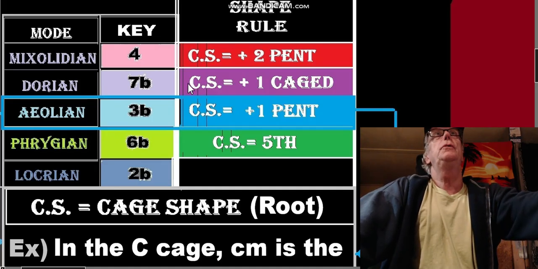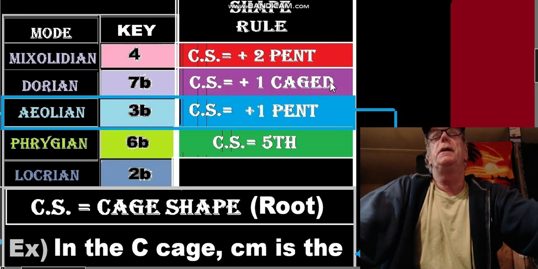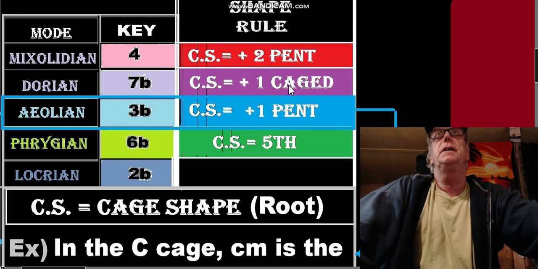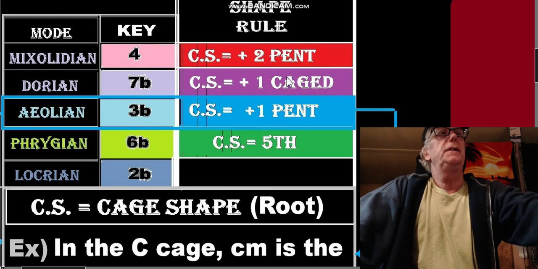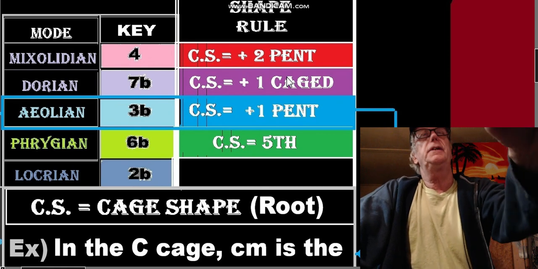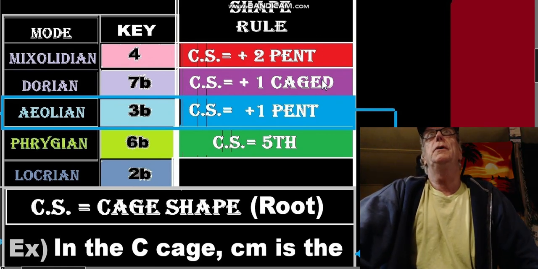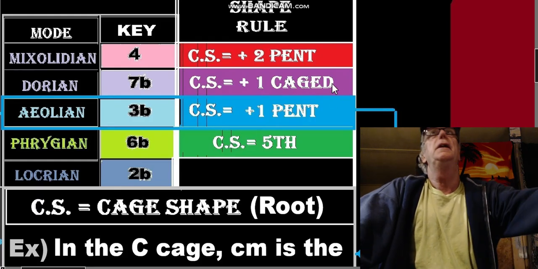So the root is one CAGED letter because that CAGED is the pent scale backwards, D, E, G, A, C. That's a pent scale going this way, D, E, G, A, C. Remember, it goes in a circle, so D always goes to C, C always goes to D, and it just continues on.